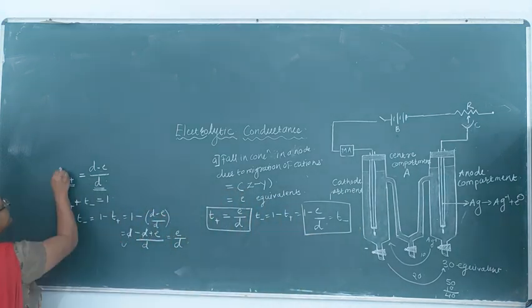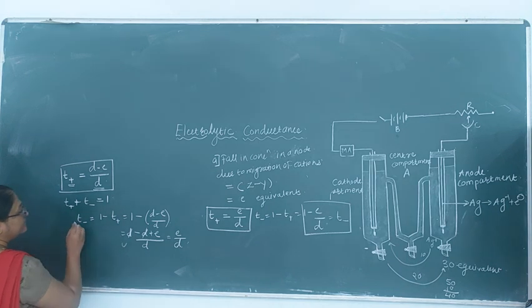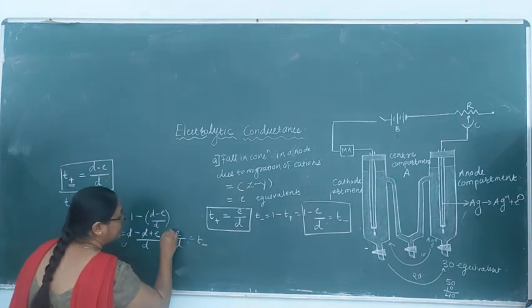While these are in case of attackable electrodes. This is the T minus.